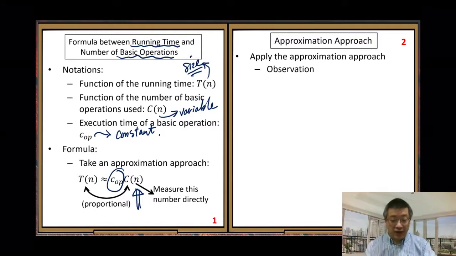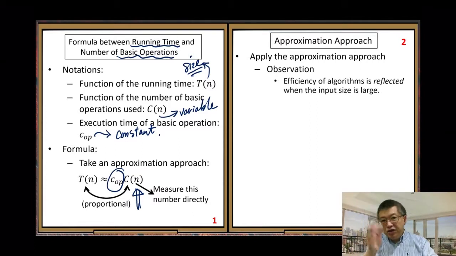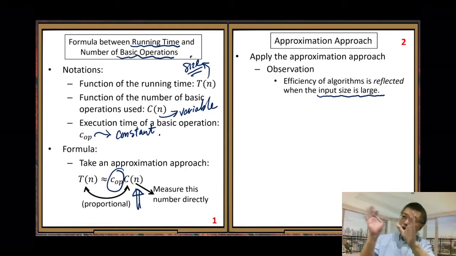So what's that? Efficiency of algorithms is reflected when the input size is large. Can you see that? When we study the efficiency of algorithms, we should look at the cases when the input size is large, not when the input size is small. Why? I will explain. It may not be that obvious for beginners.